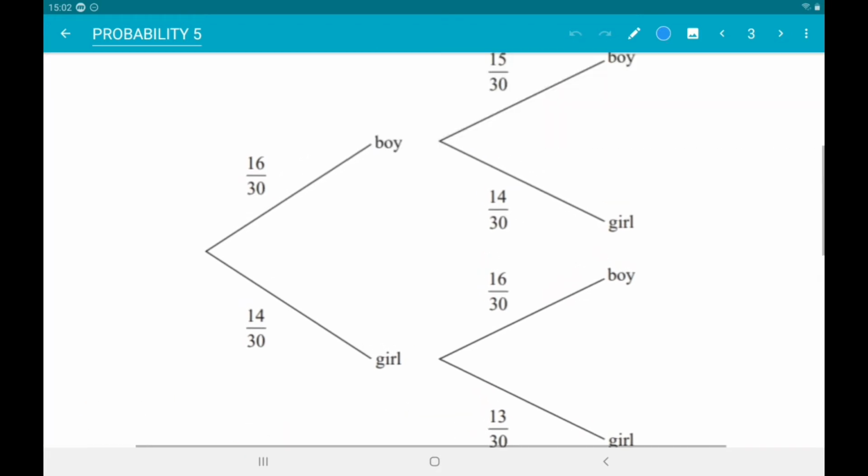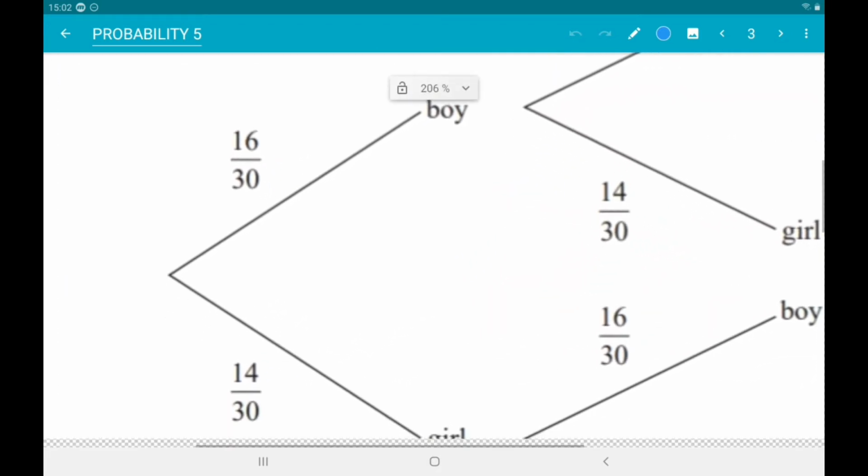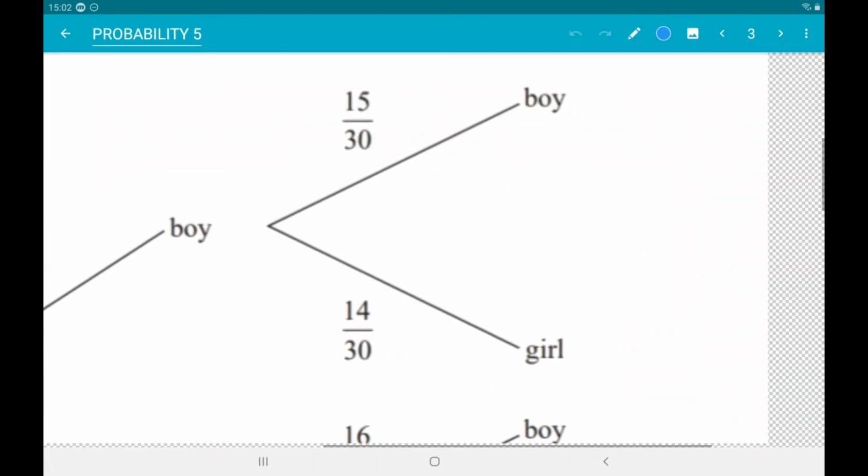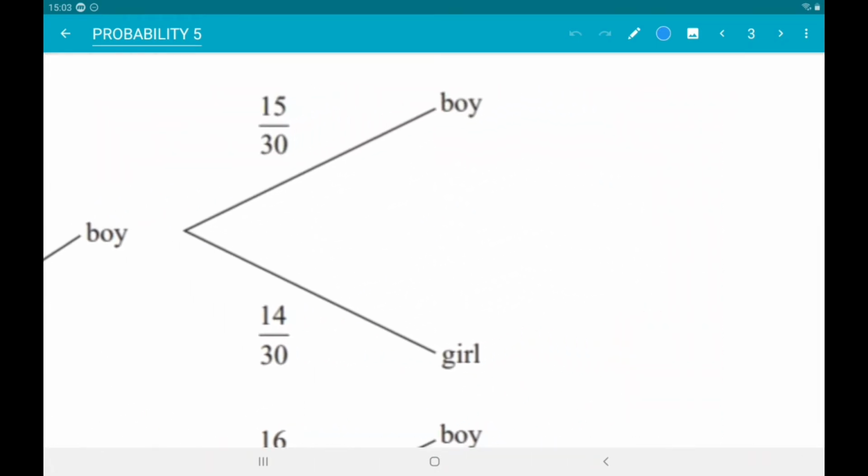So, the first tree is right. 14 boys, 16 girls, out of 30, good times. Now once 1 has been chosen, there's only 29 students to then choose from. So in the second trees, the bottoms of the fractions should now be 29.